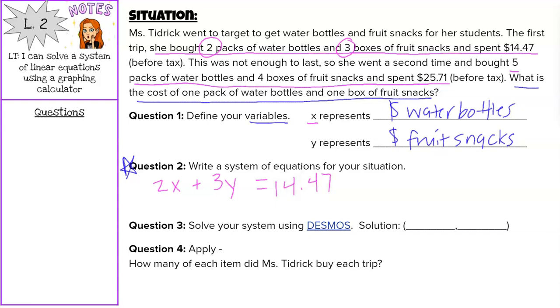So that's going to be my first equation. We're adding the 2 things that I bought together and setting it equal to my total. Then on the second trip, I bought 5 packs of water bottles, so I'm going to put 5x, plus 4 boxes of fruit snacks, so 4y, equals, and then my total is $25.71.